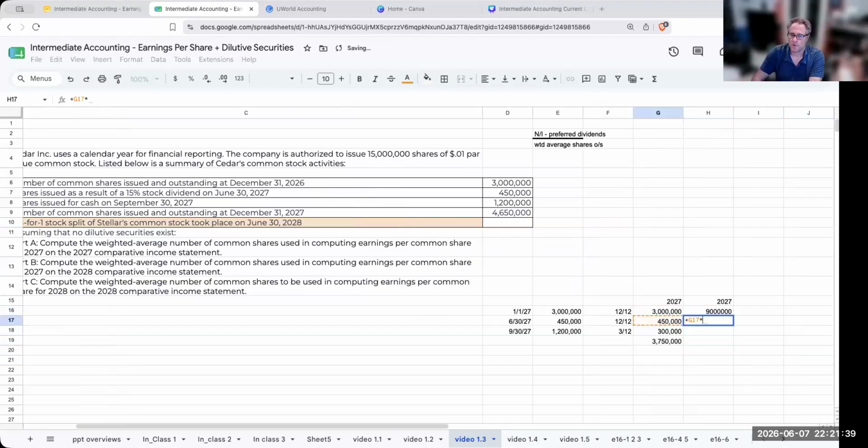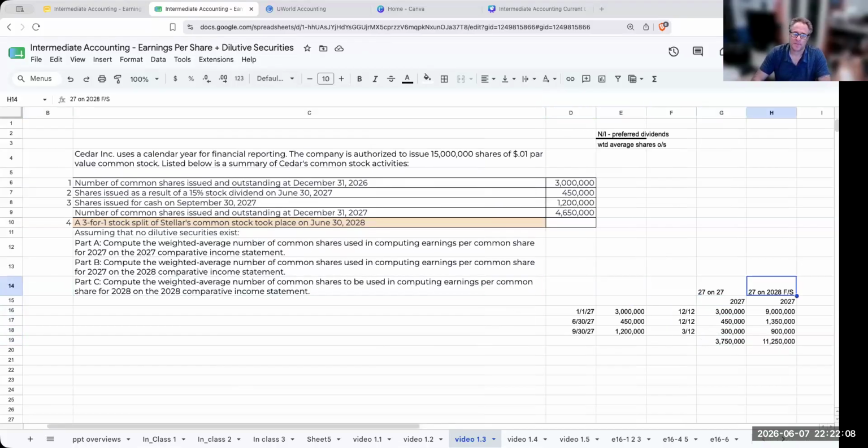So with the stock split, this is now going to be a total of 11,250,000 shares. This is the 2027 number on the 2028 financial statements, right? So we're adjusting this for the split so it is comparable with the 2028 information.